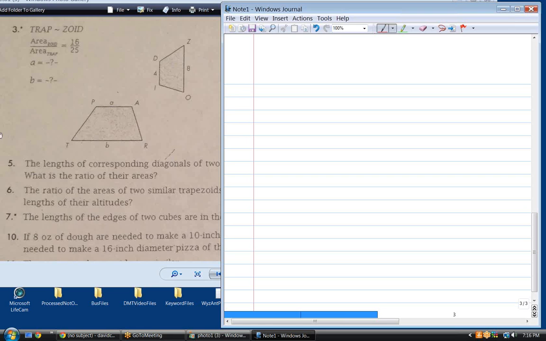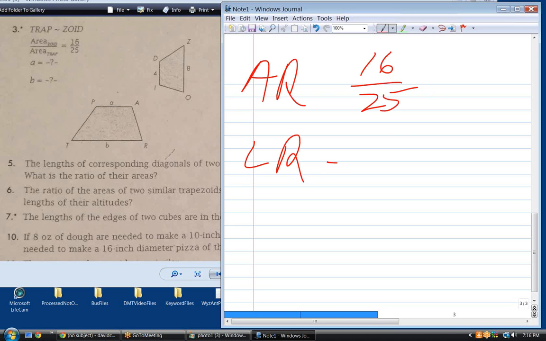So I noticed that they are doing this exactly backwards of what I suggested. They're putting the small one always on top and the big one on the bottom. That's fine. I'm not going to argue with that. So my area ratio is 16 to 25. What is my linear ratio?